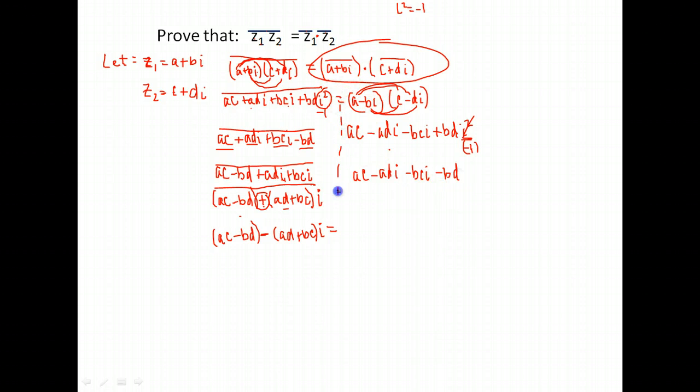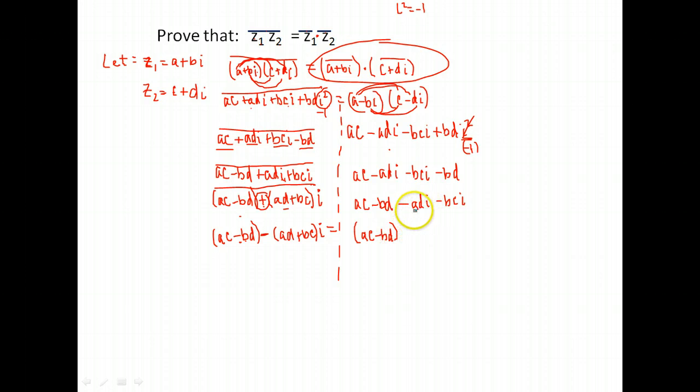Again, let's separate my sides so you can see. Okay, we need to gather the real parts together and the imaginary parts together. So AC minus BD, those were the two without any i's in them. And then we had a negative ADi minus a BCi. Okay. Now notice here my real parts are AC minus BD, which is exactly what I had on this side for my real part.